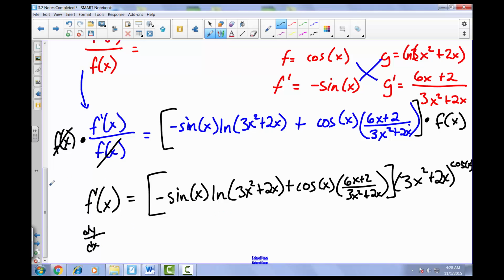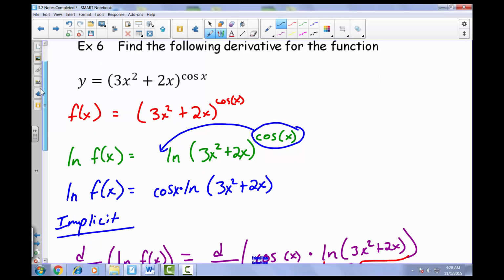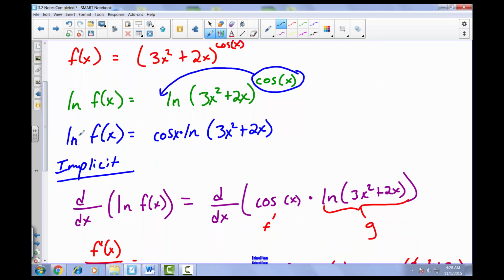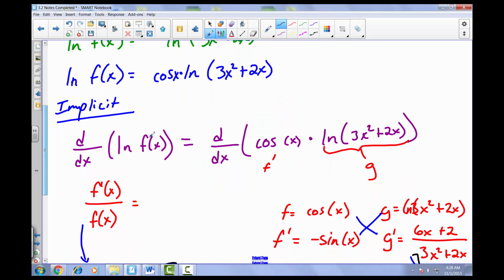Okay, so if from the original beginning you didn't change that f of x like we did, everything would have happened exactly the same. The only difference is when you try and take the natural log of, let's just say we didn't change it, so this was still y. When you took the natural log and then did the derivative of the natural log, you would have had the derivative of the natural log of y.